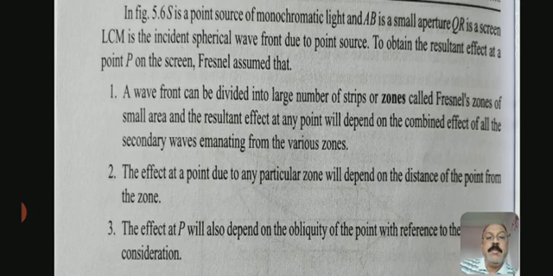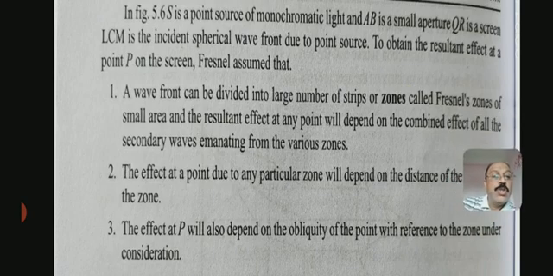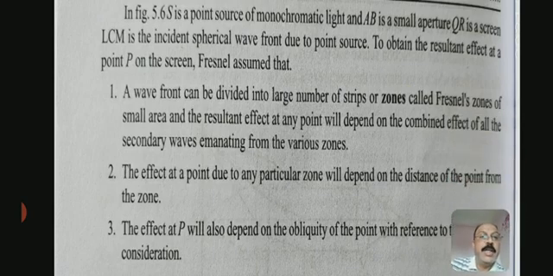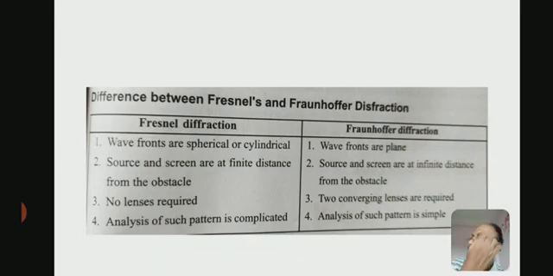The effect at a point due to any particular zone depends on the distance of the point from the zone. The third assumption is that the effect at P also depends on the obliquity of the point with reference to the zone under consideration.